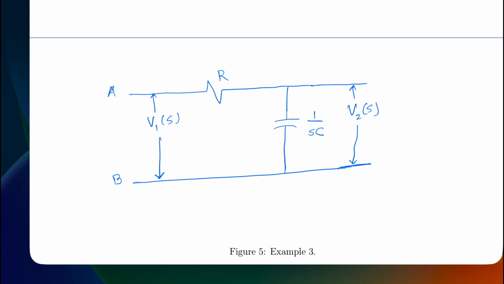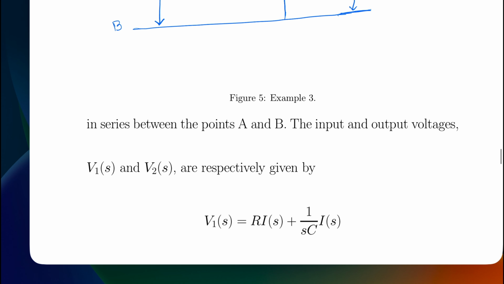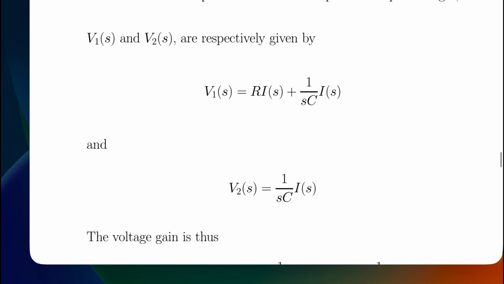Let us assume that the current that flows through this is I(s). And therefore V1(s) will be equal to R I(s) plus 1 upon sC into I(s), and V2(s) is equal to 1 upon sC into I(s).